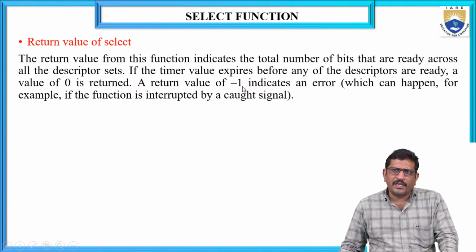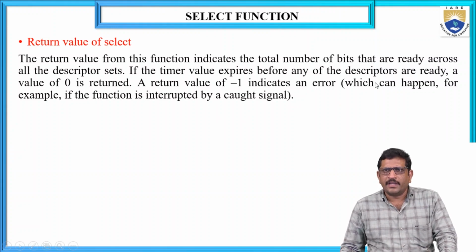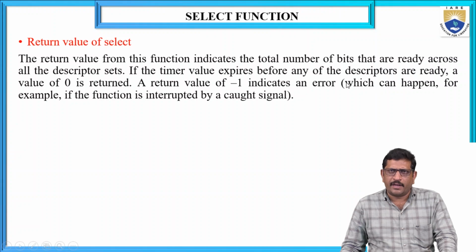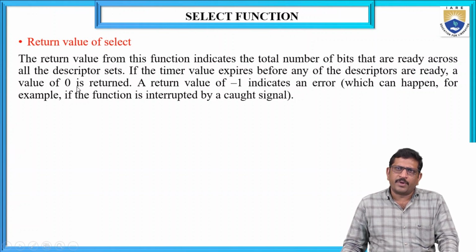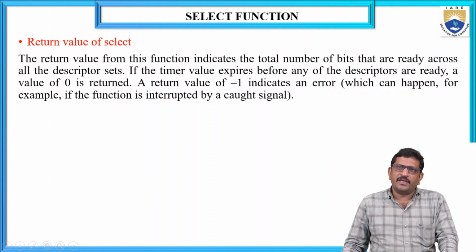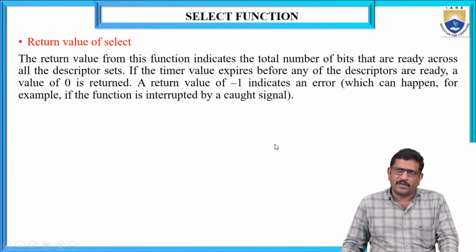A return value of -1 indicates an error, which can happen, for example, if the function is interrupted by catching a signal. So 0 means no data is transferred, while a return value of 1 indicates the data is transmitted from the primary device to the secondary device successfully. So these are the return values of the select function.